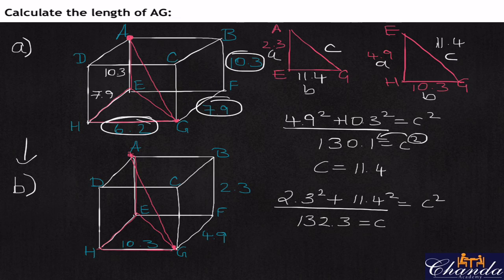So C is 11.5. So AG in this particular case is 11.5. There we have it.